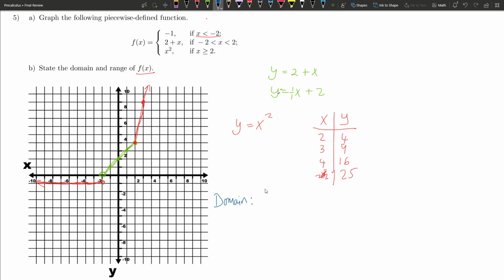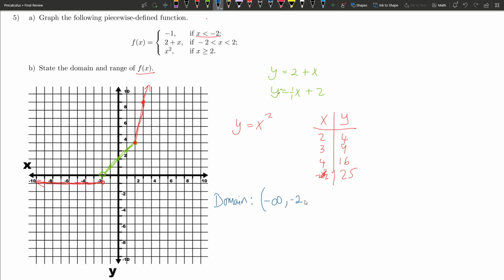So your domain, when you're writing the domain, you need to put it from the lowest value to the highest value. It must be in that order. And I'm going to use interval notation. So it's all the values from -infinity, all the way back there, all the way up to -2.